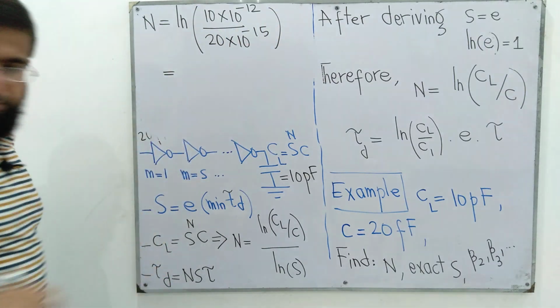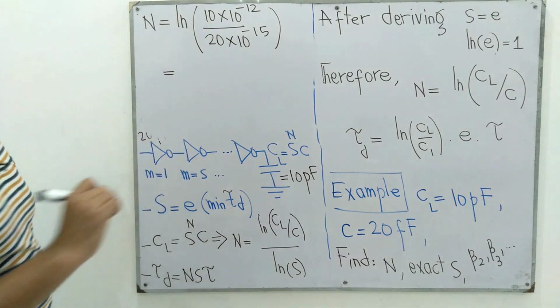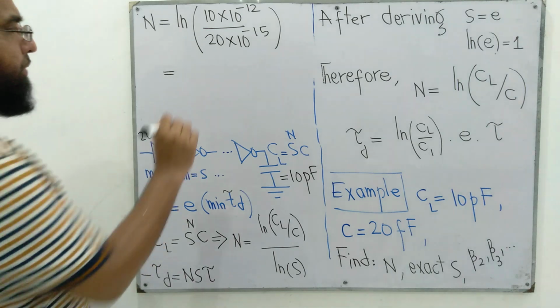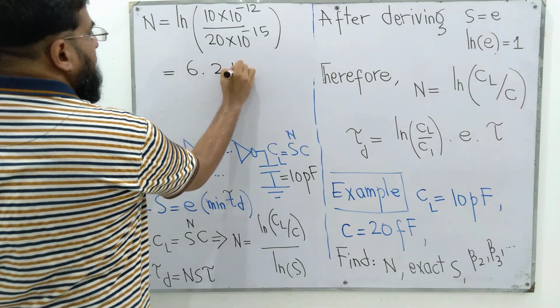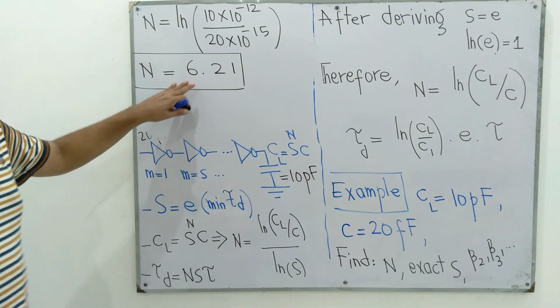It comes out to be log of 500, which is equal to 6.21. So it doesn't come out to be an integer, whereas the number of stages has to be an integer.